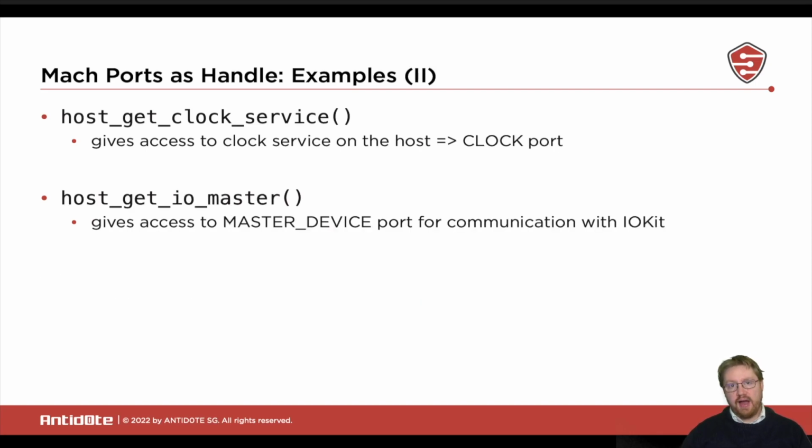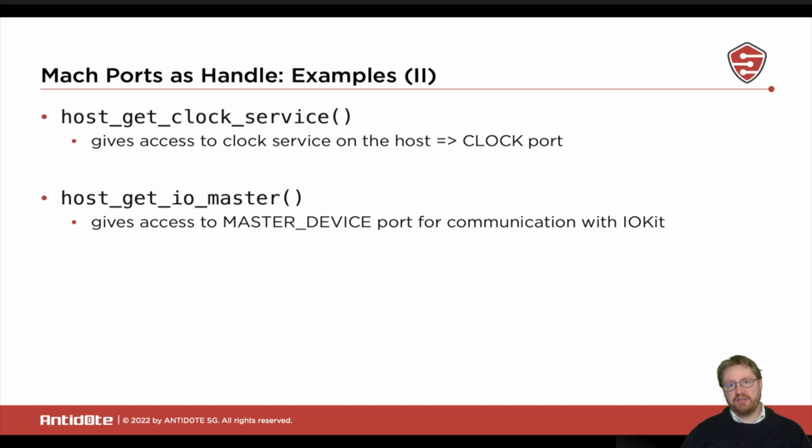So there are other more complicated APIs, for example host_get_clock_service. This is something that gives you access to a clock port. And then you have host_get_io_master. This is a special API that gives you access to a special port that is a master device port.